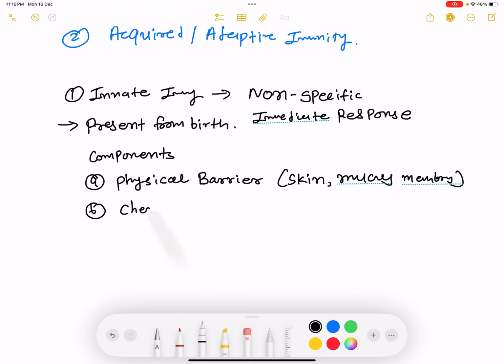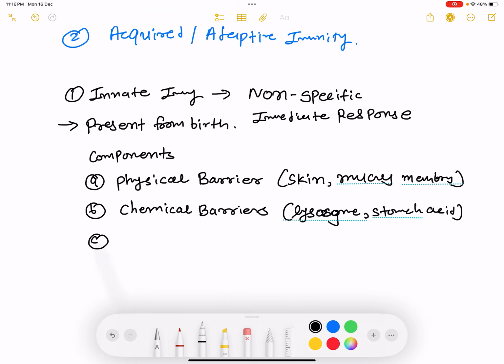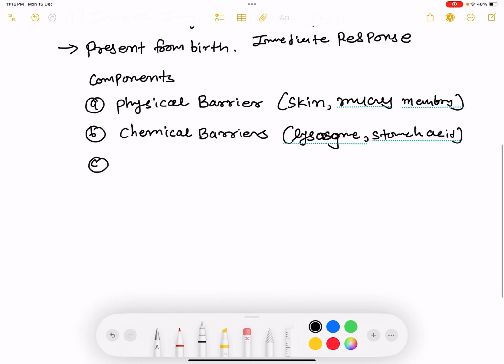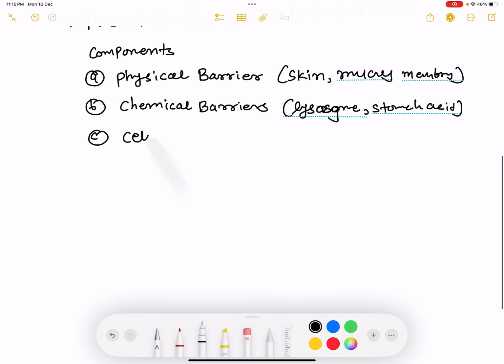Second is chemical barriers: lysozyme and stomach acid. Third is cellular defenses: macrophages, neutrophils, and NK cells.